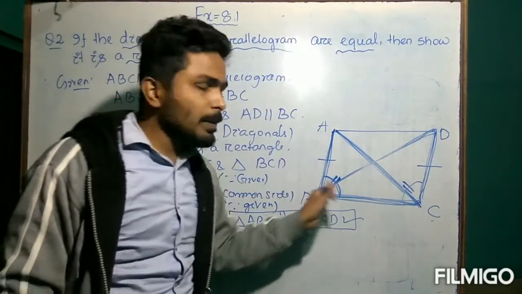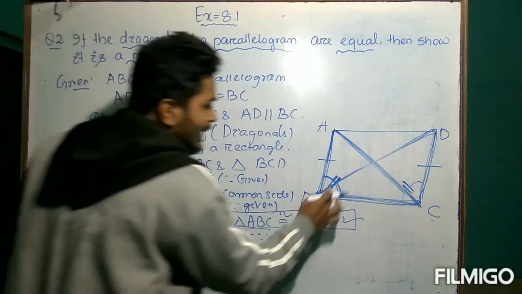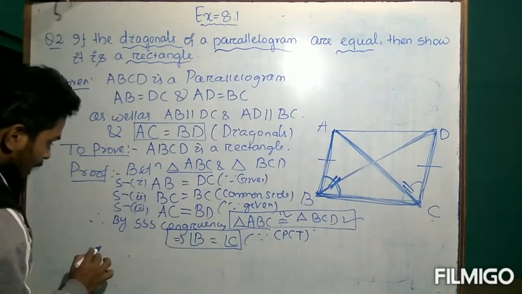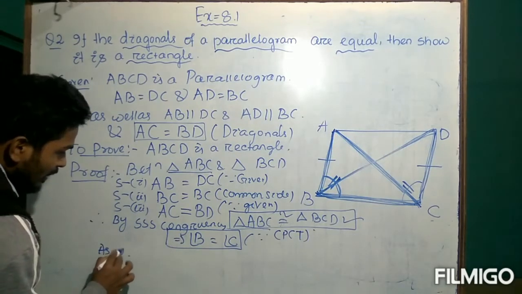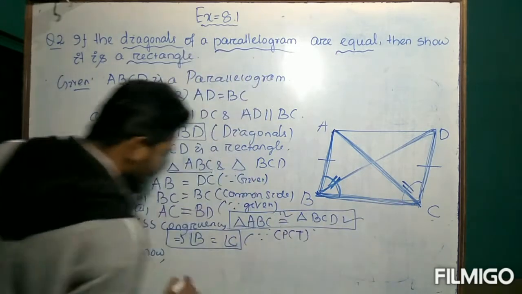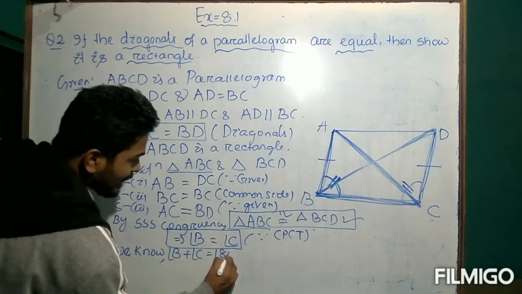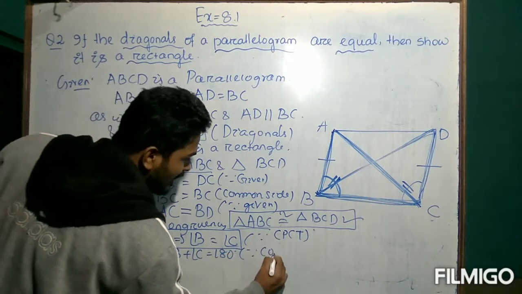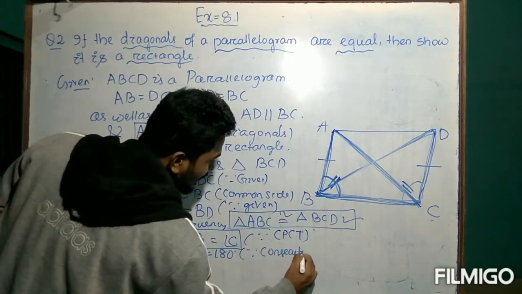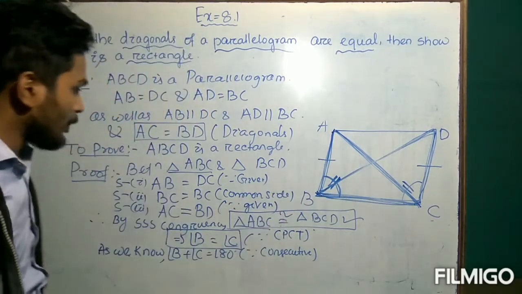So the sum of consecutive angles is 180 degrees. So you can write B plus C is 180 degrees. Why? Because they are consecutive angles and it is a parallelogram.